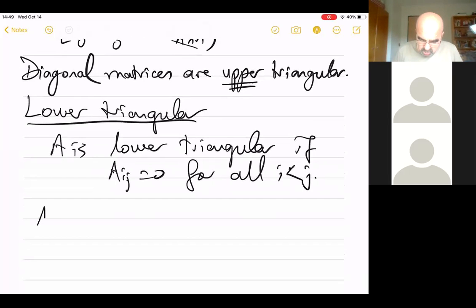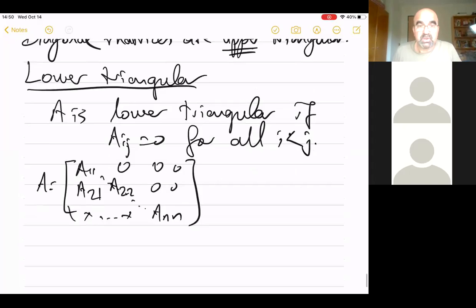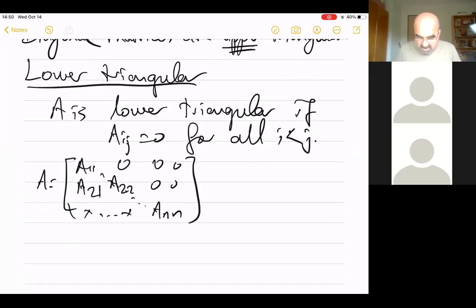So this A, maybe I should have called it B, anyway, A is A11, here is A22, and ANN. Here is A21, etc. You may have something below, but above the main diagonal, everything should be 0. Now, the question, how about diagonal matrices?